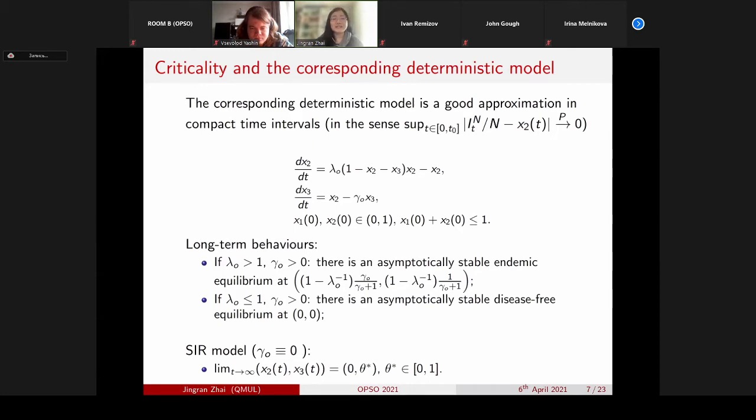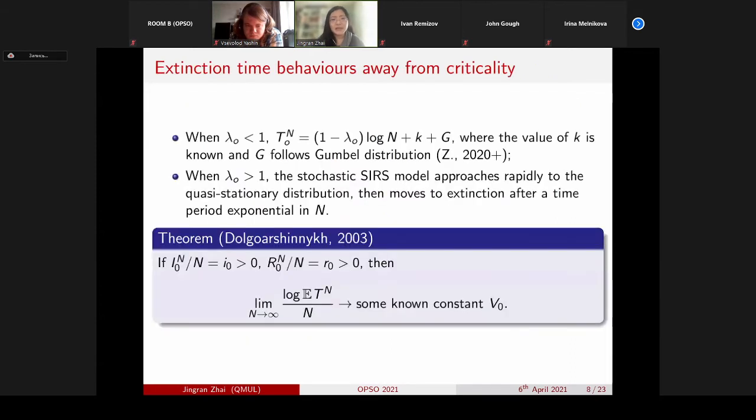From this analysis, we would expect that the SIRS model would show the epidemic to prevail for a long time before extinction if it is above criticality 1. And the epidemic is expected to go extinct quickly if lambda_0 is smaller than 1. And this is indeed the case.